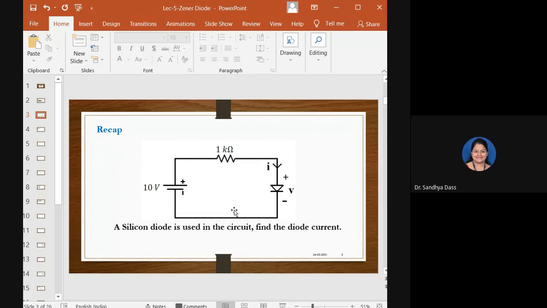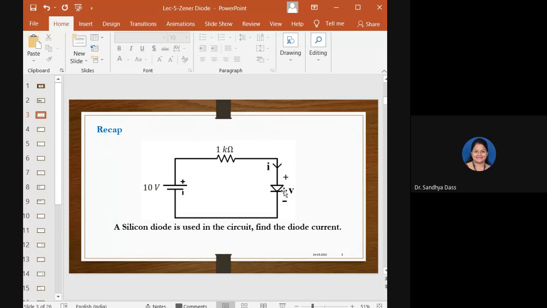What is KVL? Kirchhoff voltage law. The summation of all the voltage drops inside the closed loop will be equal to 0. So write down the equation I just narrated: minus V plus I into R plus V is equal to 0.